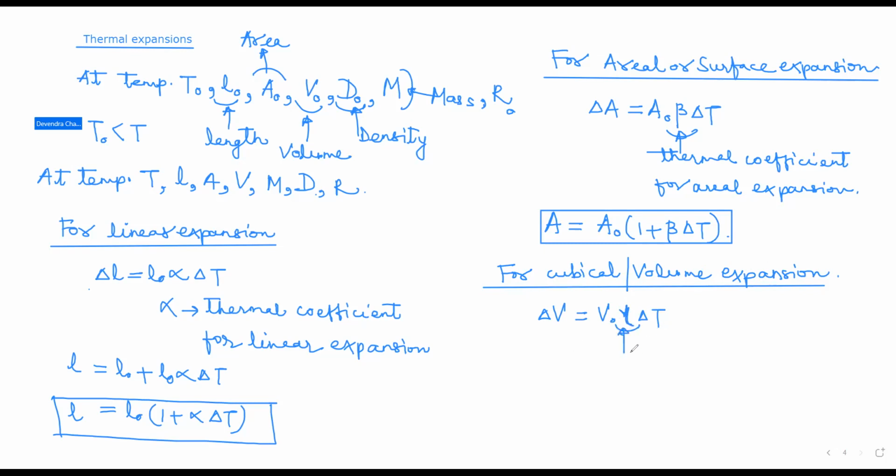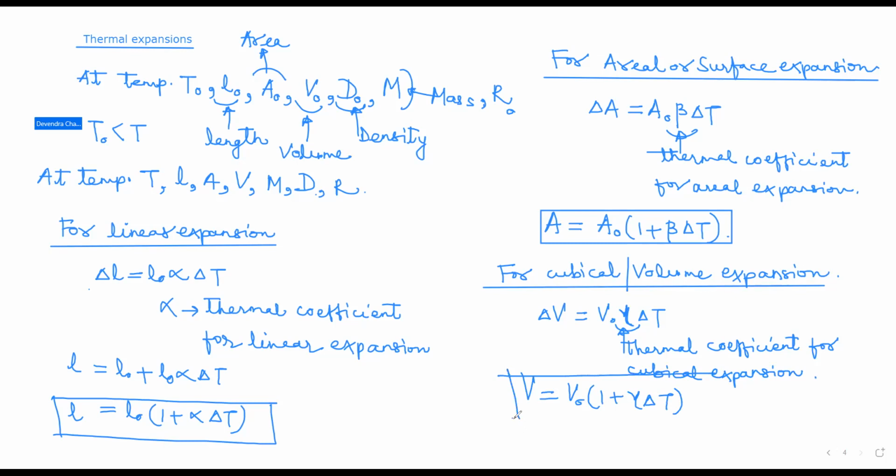Gamma is the thermal coefficient for cubical expansion. Right? So V is equal to V naught times (1 plus gamma delta T). I hope all of you understood this. Yes or no? Yes, sir.